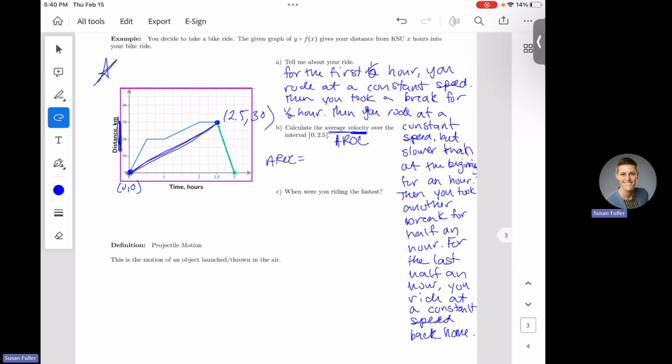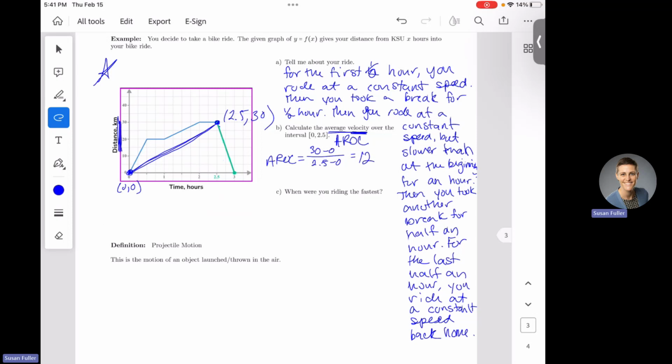So our average rate of change is going to be 30 minus 0 over 2.5 minus 0. 30 divided by 2.5. My brain is not going to do that right now. So let me get my calculator out. 30 divided by 2.5 is 12.